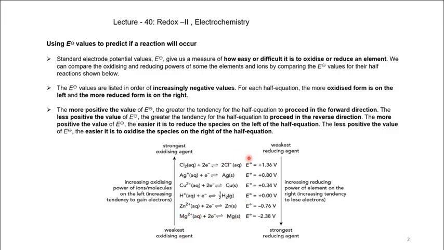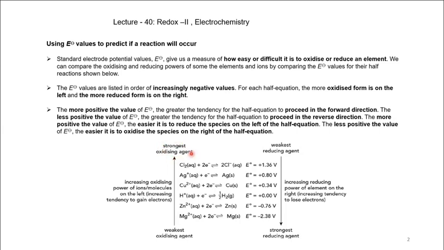And we put the standard electrode potential in increasingly negative value. If the standard electrode potential value is more and more negative, we say this is a strong reducing agent. And similarly, if it is more and more positive, we say it is a strong oxidizing agent.